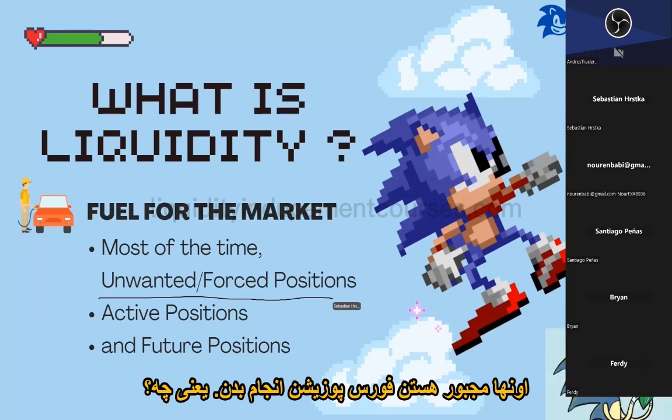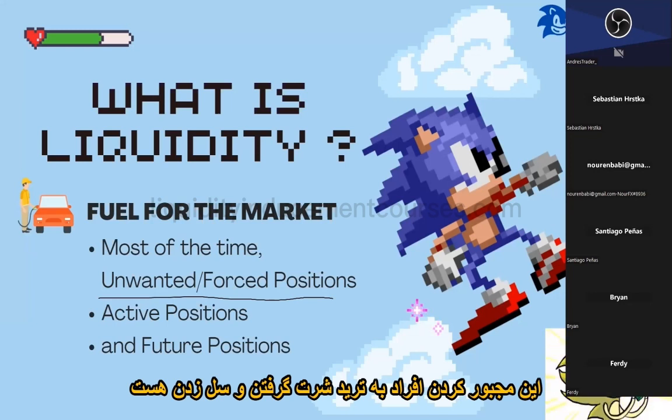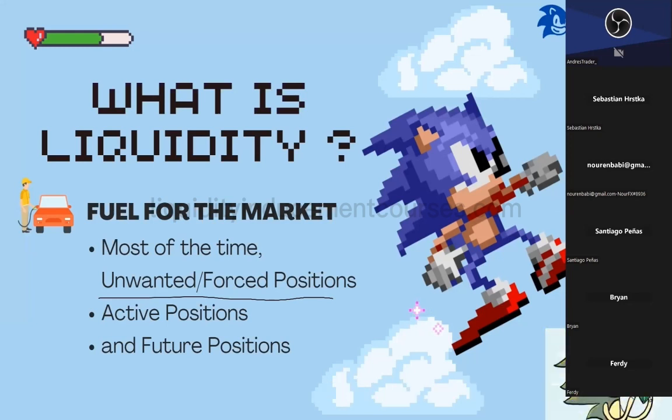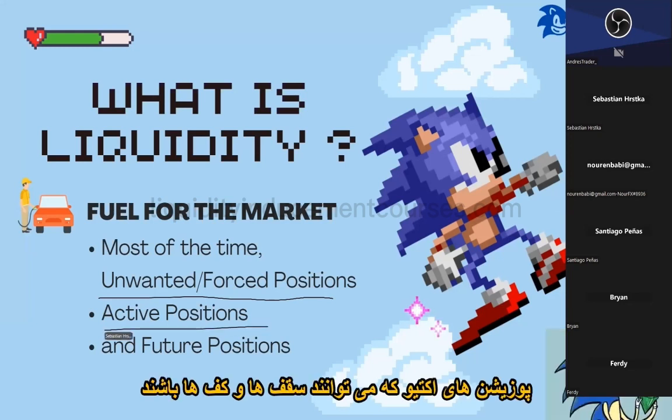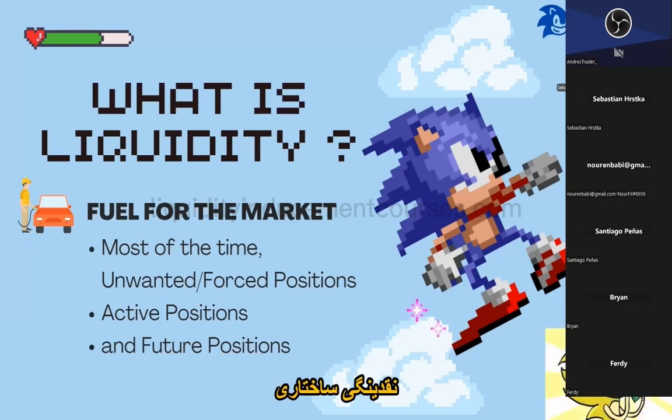What does it mean? Simply by inducing people to go up and triggering their stop losses. So this is forcing people to become sellers, to become short traders. Active positions, which can be highs or lows, and simply highs or lows can have a trailing stop loss near them or a stop loss above them, as structural liquidity.